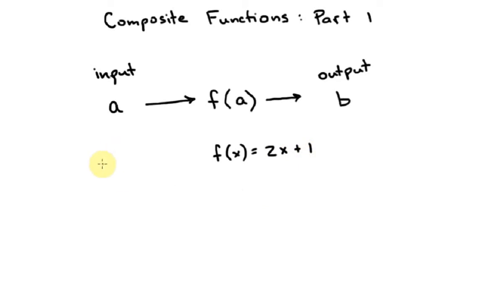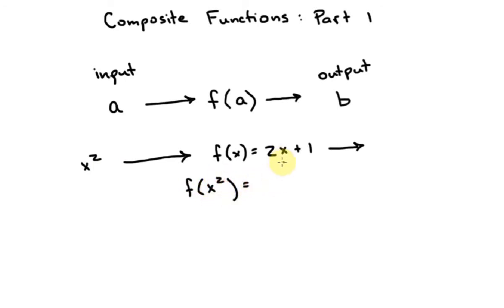Now, instead of just putting a number into this, I'm going to take x squared and plug that into this function. What is it going to spit out? Well, we're plugging in x squared instead of just x.